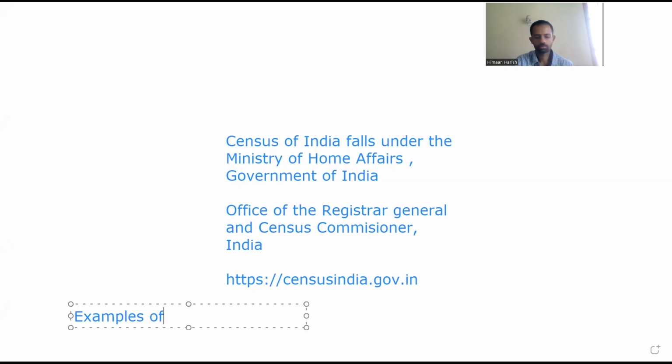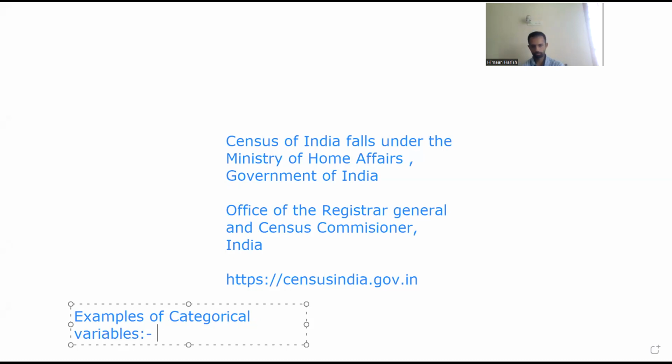It'll be race, sex, age group, and education level. You can list it out. The annotation thing.